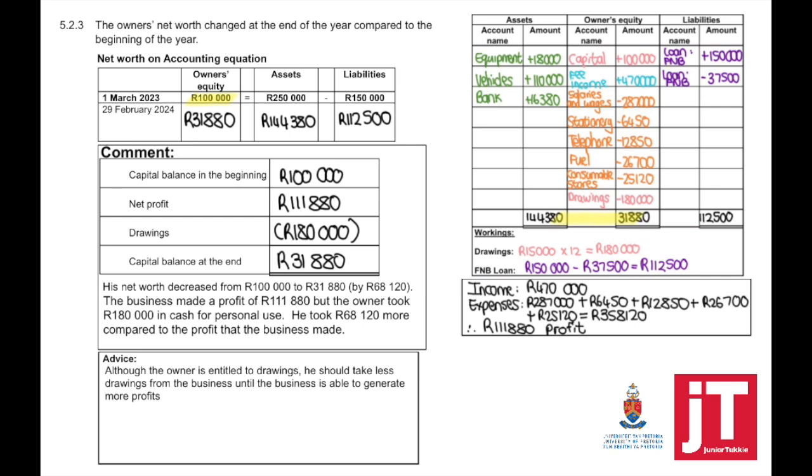So when the business generates more and more profits, then the owner can take more money from the business. Because remember, at the end, you've put an investment into your own business and you also want your business to grow. So the more you take from the business, the less the business is going to be able to grow.